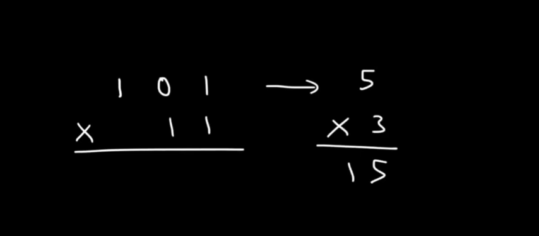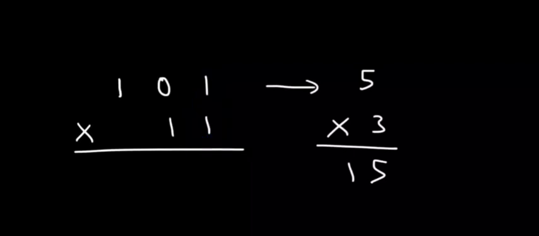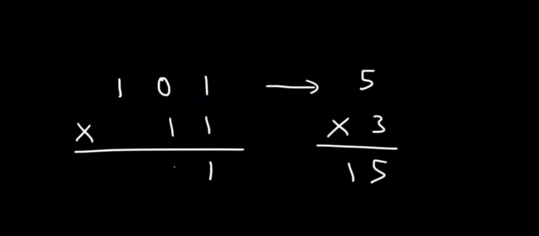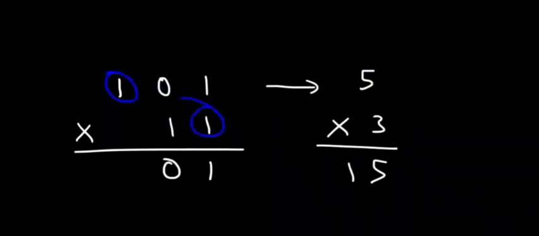Okay. Now let's carry out the multiplication carefully. In the first column, 1 times 1 is 1, and 1 times 0 is 0. 1 times 1 is equal to 1.